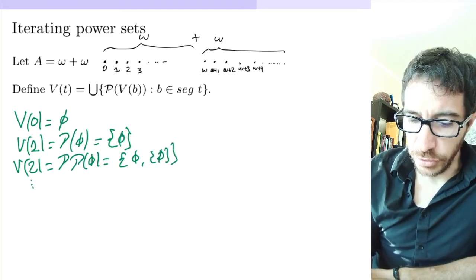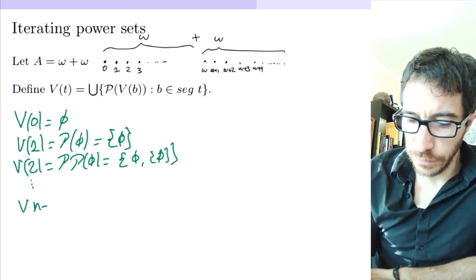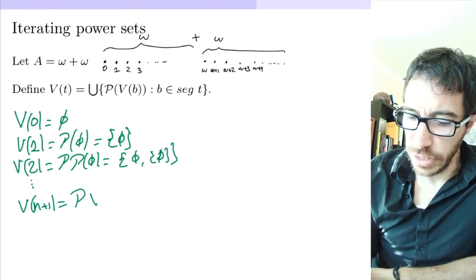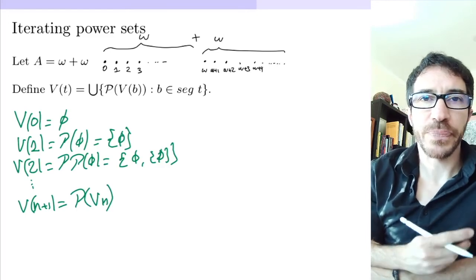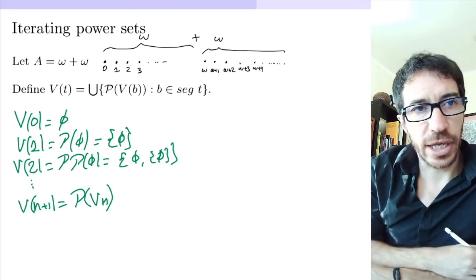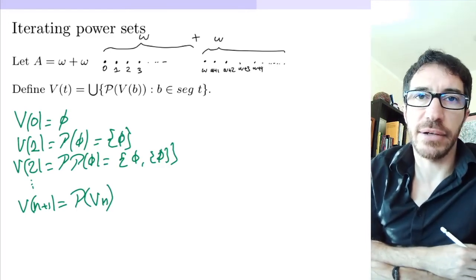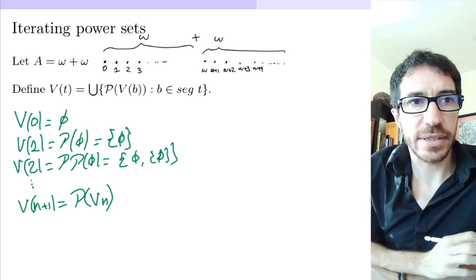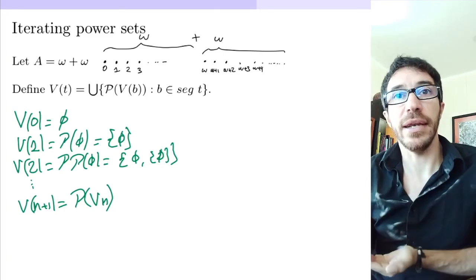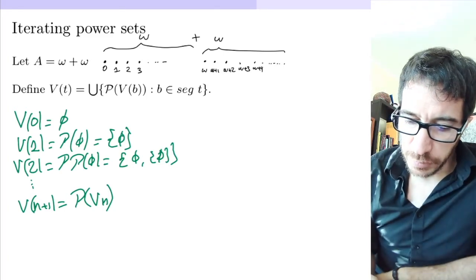And so on and so forth, and we got V(n+1) was the power set of Vn, which essentially contains all the sets that you can write with brackets and empty sets of depth n. And then we kept on going.